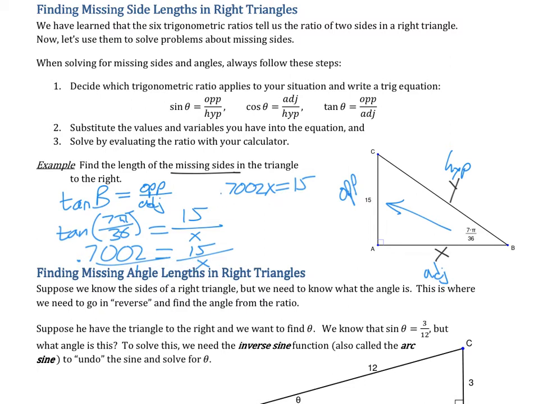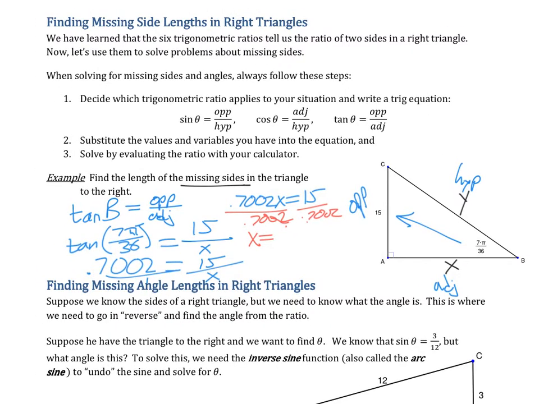Then let's divide by 0.7002, and we get x equals 15 over 0.7002. 15 divided by 0.7002 gives us 21.4. Let's keep some decimals of accuracy here. So we found x there.